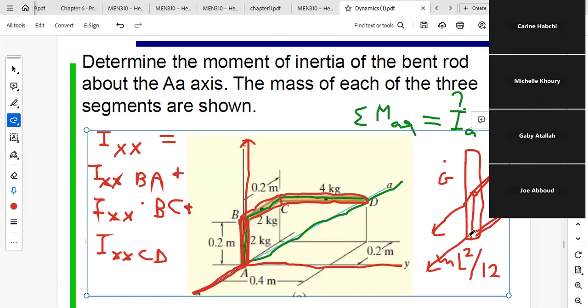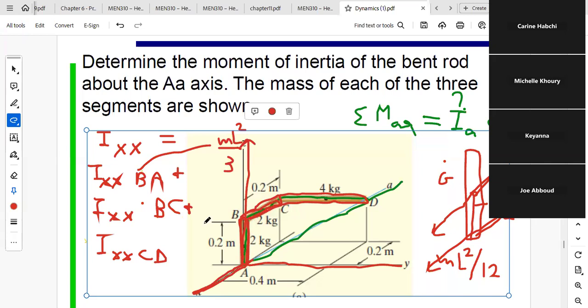So if I apply the parallel axis theorem, this distance is L over 2, so I can say that Ixx about A is ml square over 3.